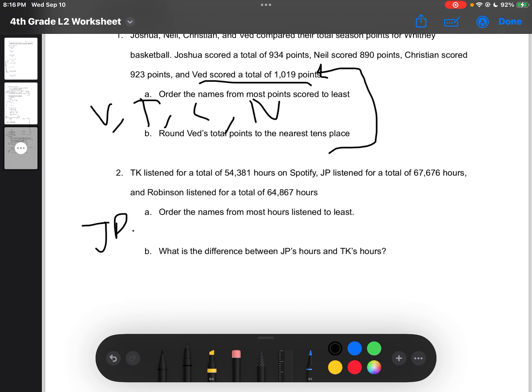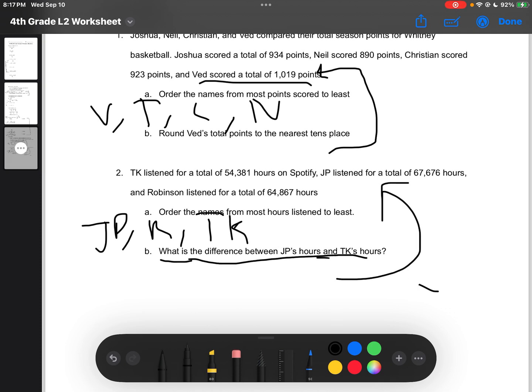So we'll put JP. Then we see Robinson. And finally, we see TK listened the least. Alright, B. What is the difference between JP's hours and TK's hours? This one you guys could try on your own.